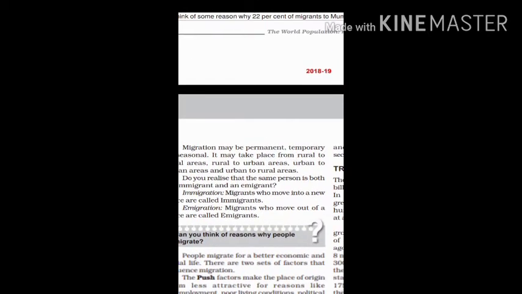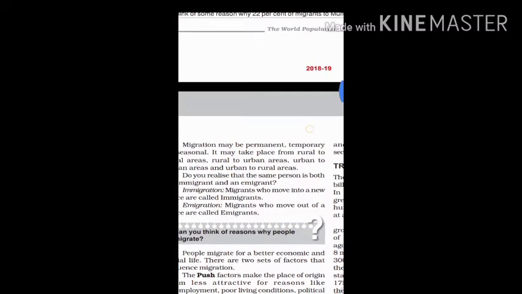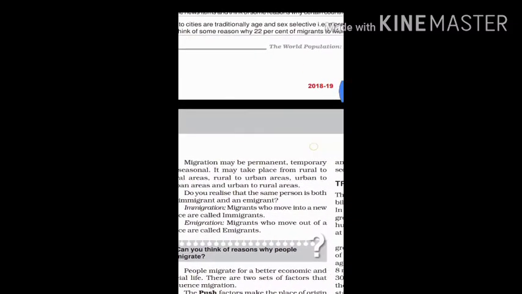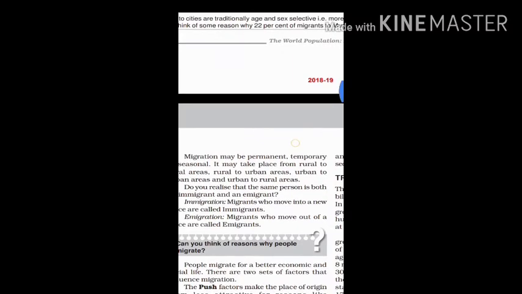Migration is of three types: permanent, temporary, and seasonal. Permanent migration is when you migrate from one place to another place permanently. For example, if you migrate from your country to other countries and take citizenship of that country, you are a permanent migrant.